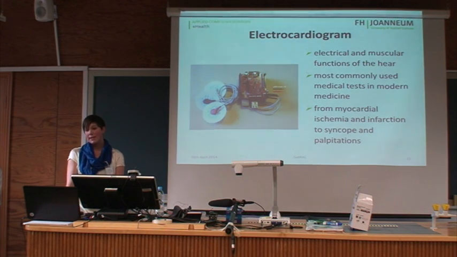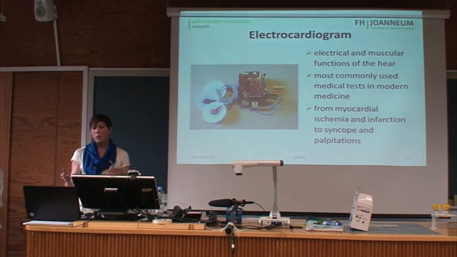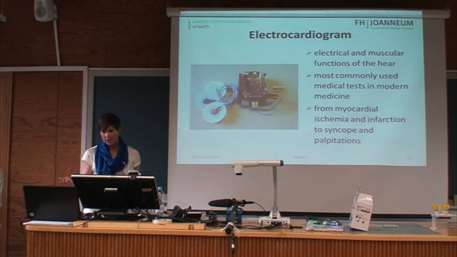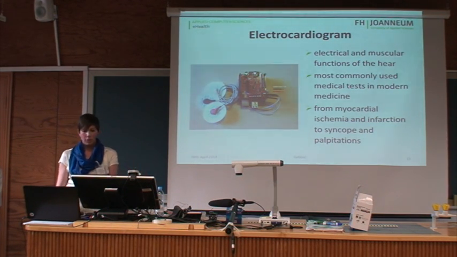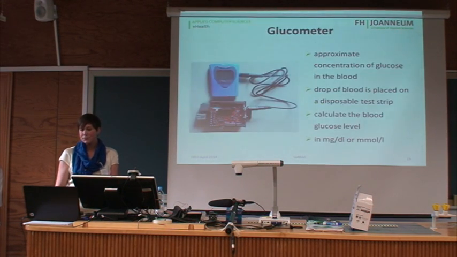Then we have the ECG, but as it was mentioned yesterday by our colleagues from Finland, I won't tell you about it again. I hope you know how it works and you see how it's connected. Then the next one is the glucometer. It shows you the glucose concentration in the blood.